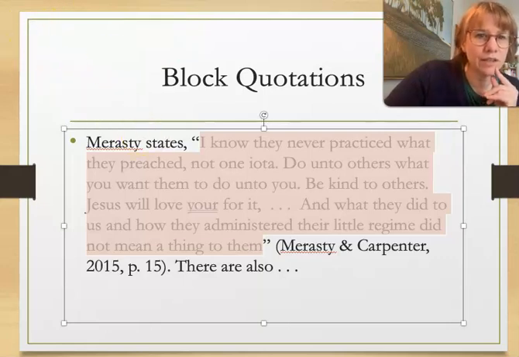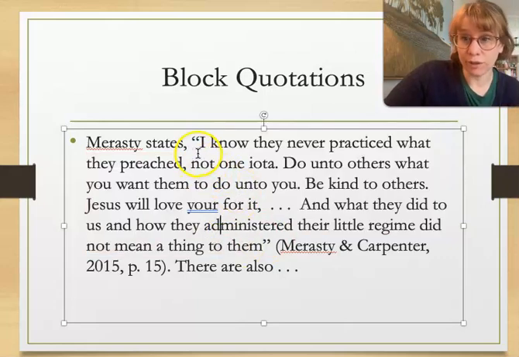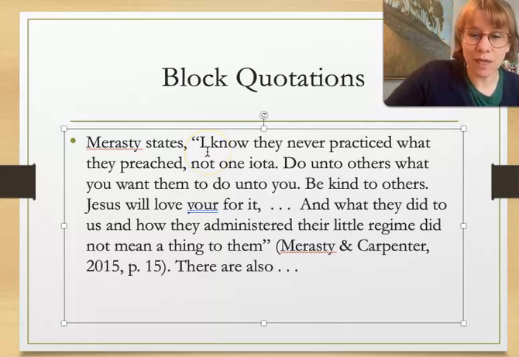I'm not sure if I can do that in PowerPoint, but I don't think I can. But anyway, it's over 40 words for this quote. I know it because I took it from another student's paper.